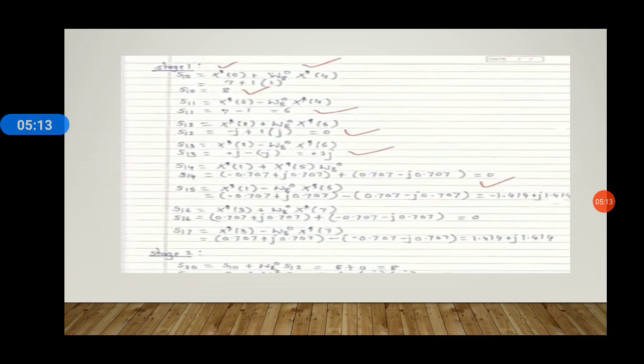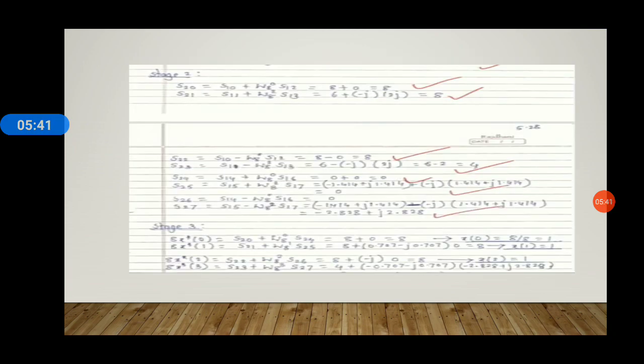The fourth answer would be X star 0 minus W8 to the power 0 times X star 4. In this way, the first answer is 8 and the fourth answer would be 6. In this way, all the answers of the first stage are derived herein.